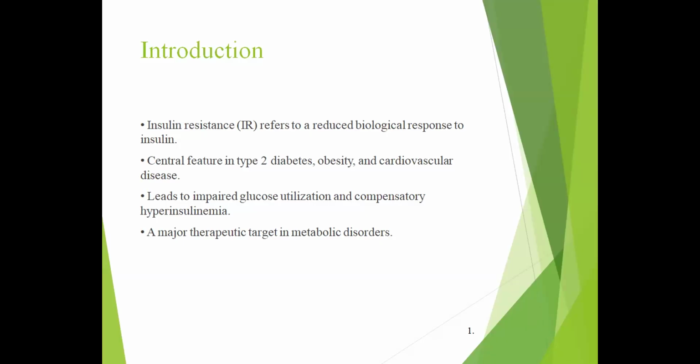Secondly, this insulin resistance feature is predominantly found in conditions like type 2 diabetes, obesity, and cardiovascular diseases due to inflammatory markers. The conditions which arise due to insulin resistance are hyperinsulinemia and increased glucose in blood, that is hyperglycemia. Next, please.